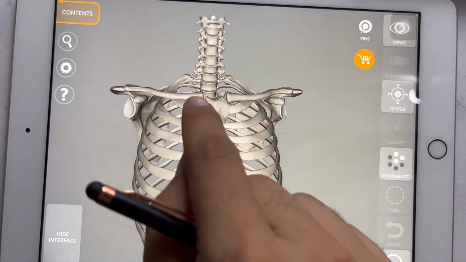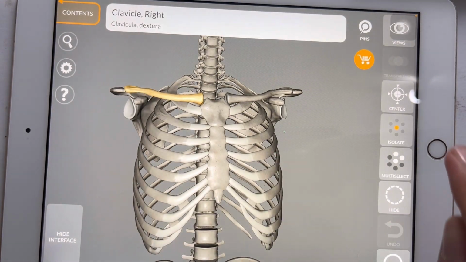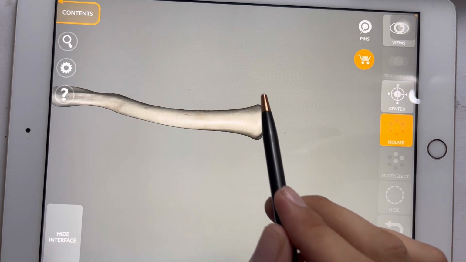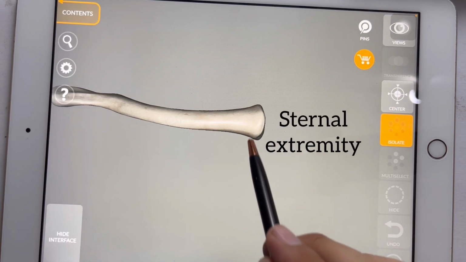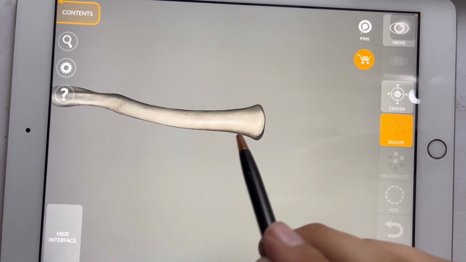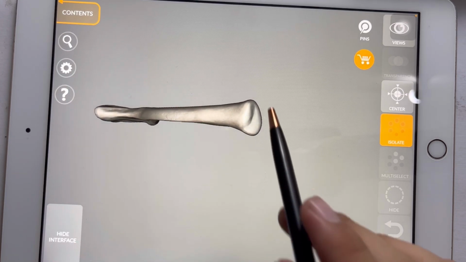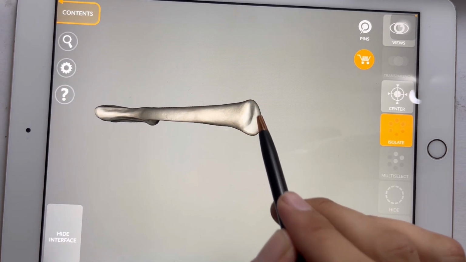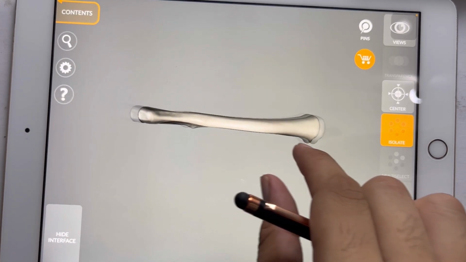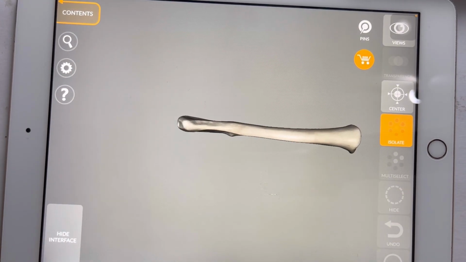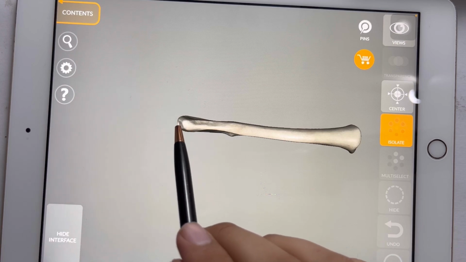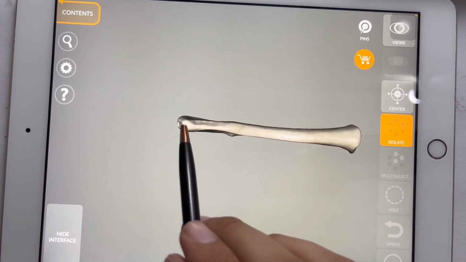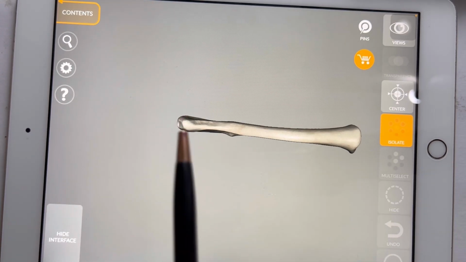Student, the clavicle bone has two ends or two extremities. So here this is the sternal extremity or the medial extremity. Student, the medial extremity is a blunt and round shape, while the lateral extremity is also called the acromial extremity, as it forms articulation with the acromion process of the scapula.